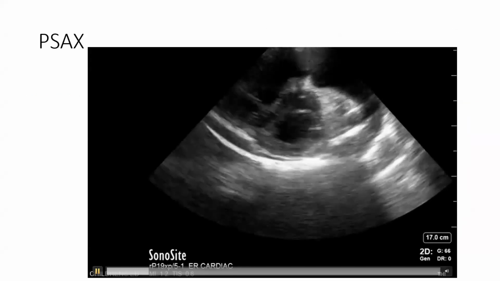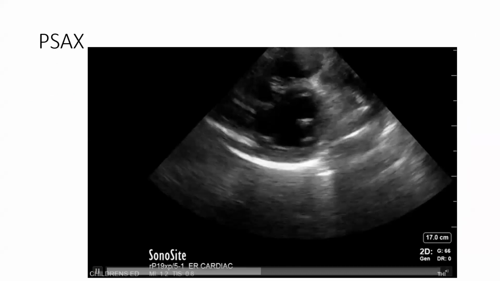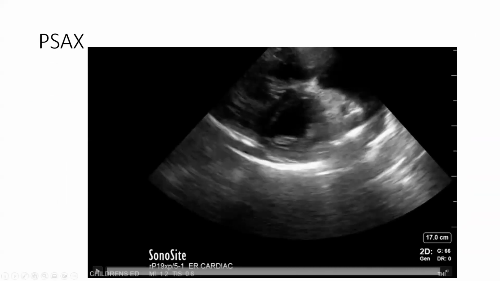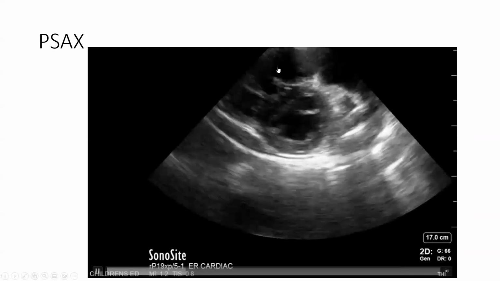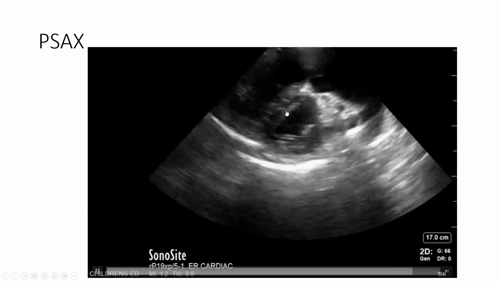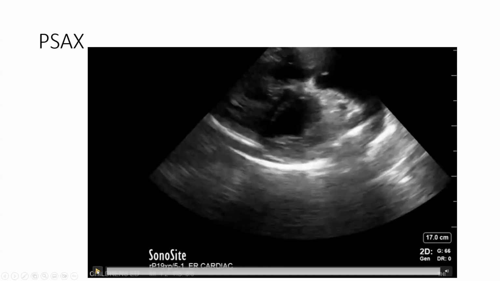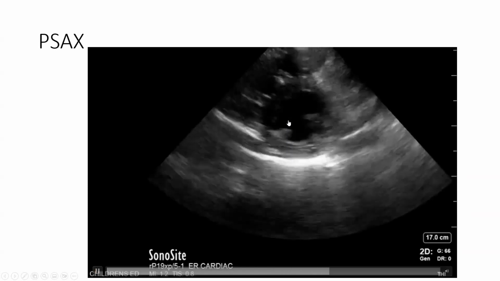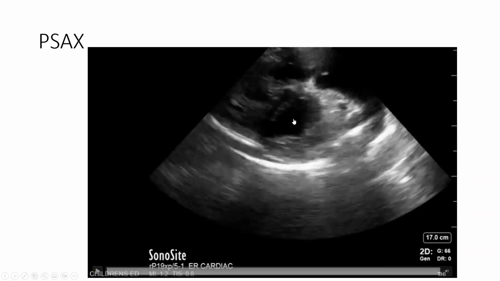So this is our parasternal short axis view for this patient. You see the left ventricle here. This is at the level of the mitral valve. Left ventricle, right ventricle. This is not a nice rounded septum like what we saw earlier. In fact, we've got pretty significant bowing into the cavity of the left ventricle, suggesting right ventricular hypertension.